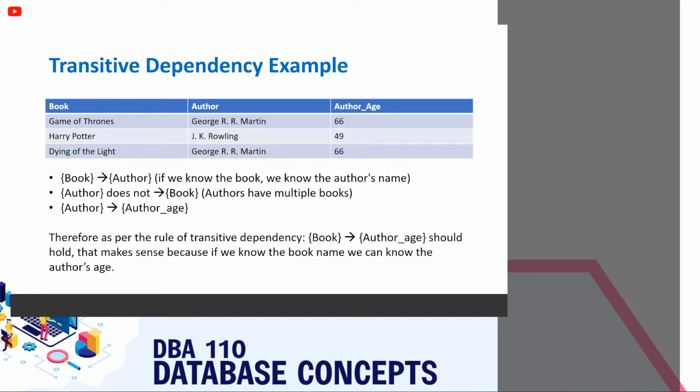In order for the book to author age link to hold, you have to have the relationship that includes the book to author. So in order to get us into third normal form, we don't want that transitive relationship to be a part of our table.